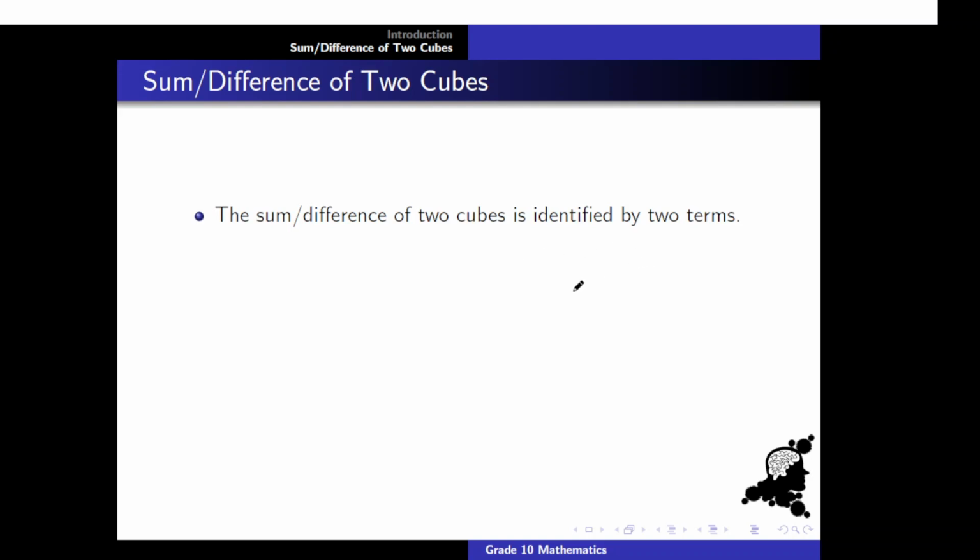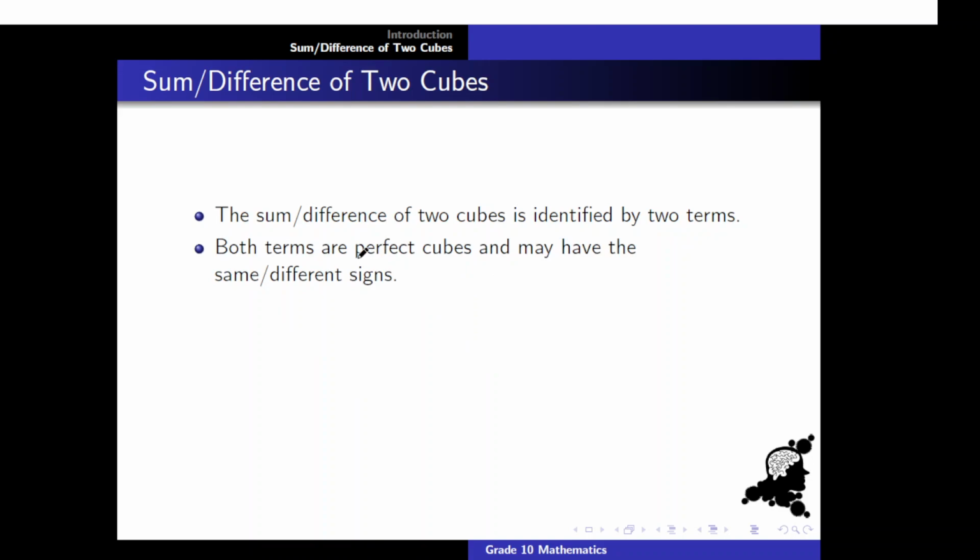The sum or difference of two cubes. What is this? Well, the sum or difference of two cubes is identified by two terms. Two terms, and that's because we said the sum or difference of two cubes, so we must have two terms, just like the difference of two squares that we covered in the previous video.